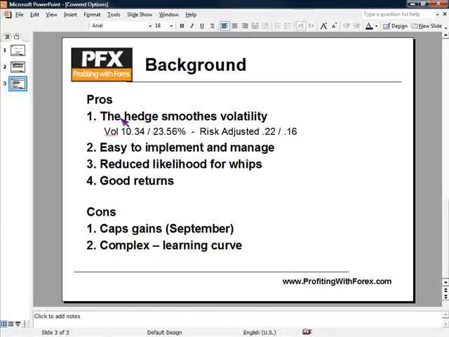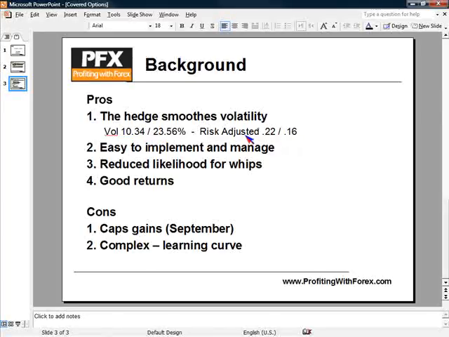The first thing that I always want to make sure of, if I'm trading something, is that I have control over volatility. The system that I'm going to be showing you is very attractive because if you compare it to an uncovered system using the same kinds of buy and entry signals, the volatility is cut in half, 10% versus 23%.